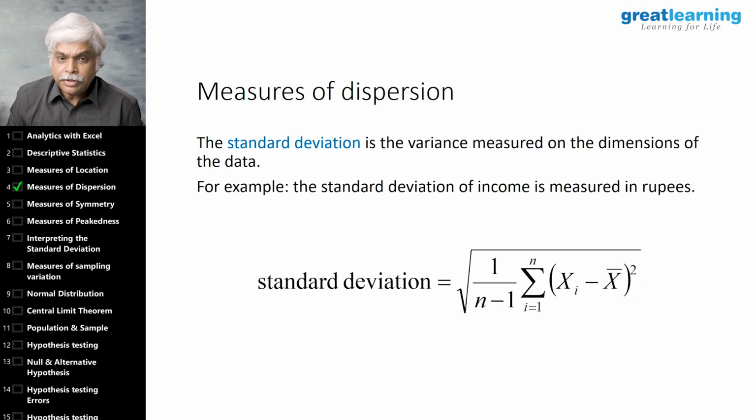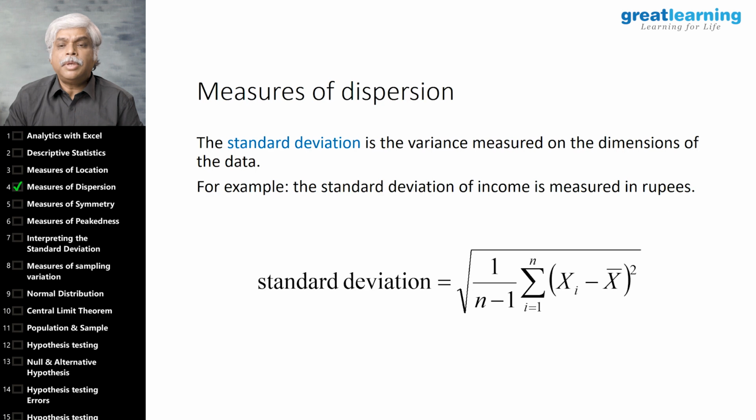To convert variance to the right scale, we take a standard deviation version of the variance, which is exactly the same as the variance with the square root on it. So what is the standard deviation? The standard deviation is the square root of the variance. So the standard deviation of income is now measured in the currency itself.